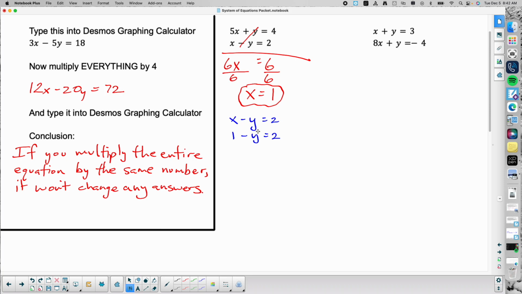Now, this is slightly more annoying because it doesn't say x equals or y equals right away. Okay, so I would subtract 1, and then negative y equals 1. Divide by negative 1, and I get my second answer.